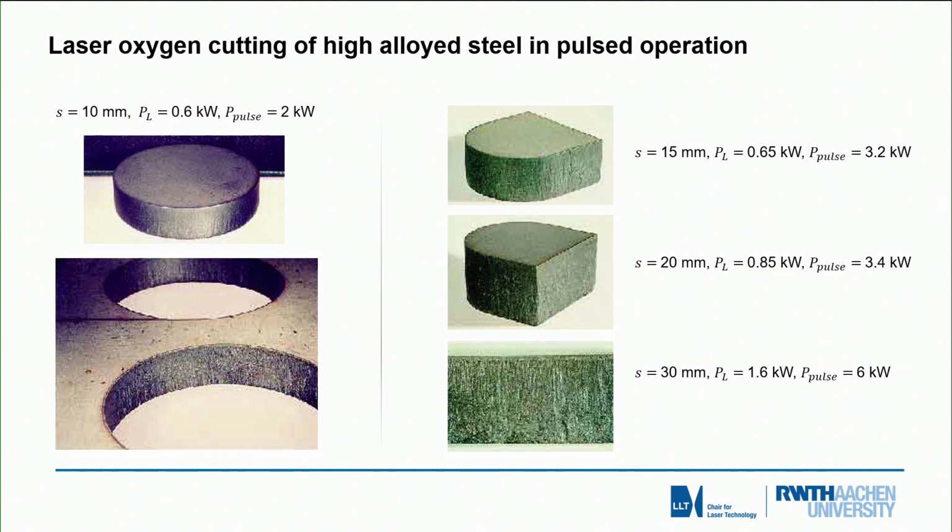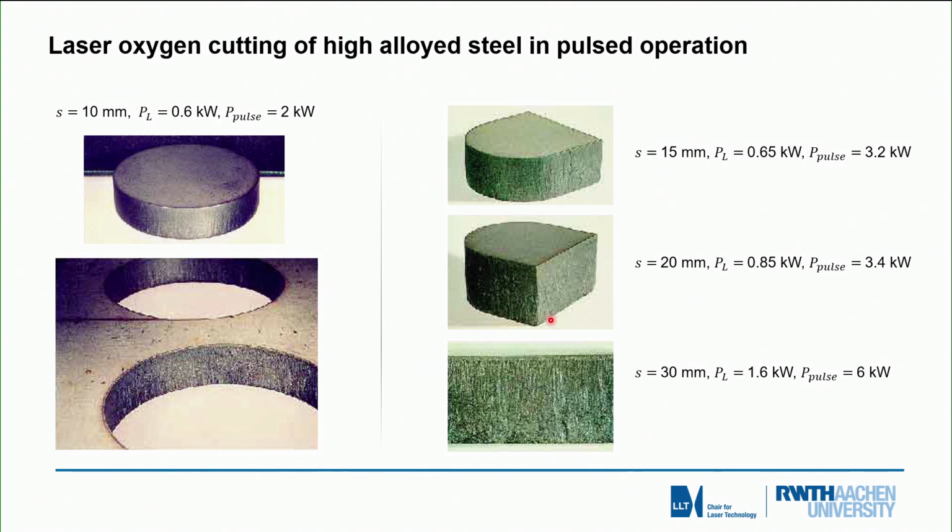Some examples in this picture here, you see typical oxygen cut examples. The cutting quality is rather good. However, what is maybe even more important is the rectangularity of the cuts compared to other plasma or thermal cutting processes.